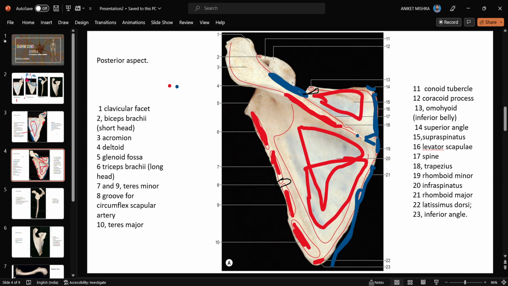At the coracoid process, there is the coracoacromial ligament. At the lateral end of the acromion process, there is the coracoclavicular ligament. These are the major ligaments present on the posterior aspect of the scapula.